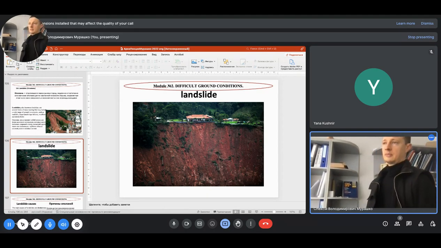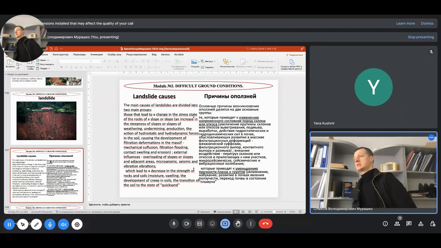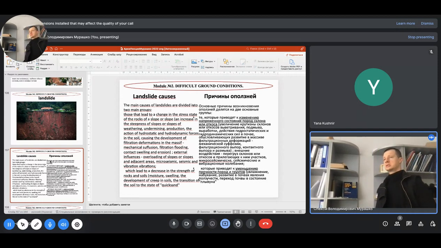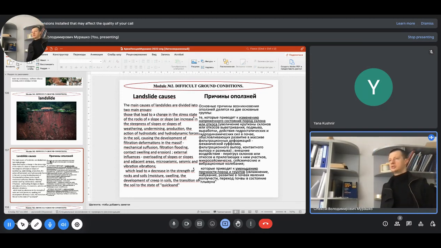One more landslide photo. And what leads to landslides? First, the causes of landslides are connected with the impact of water. All those causes can be divided into two main groups. First, those that lead to a change of the stress state of the rocks or of a slope.